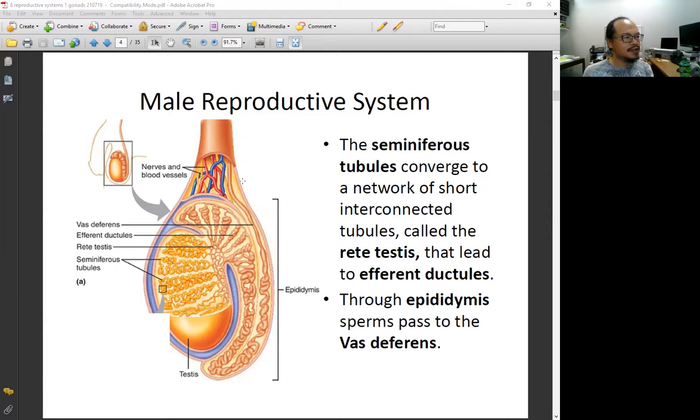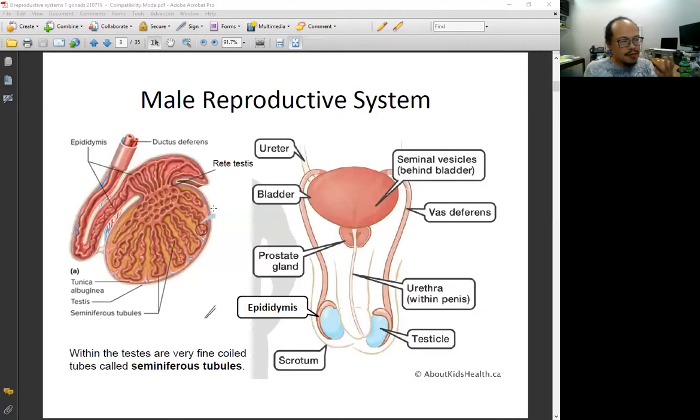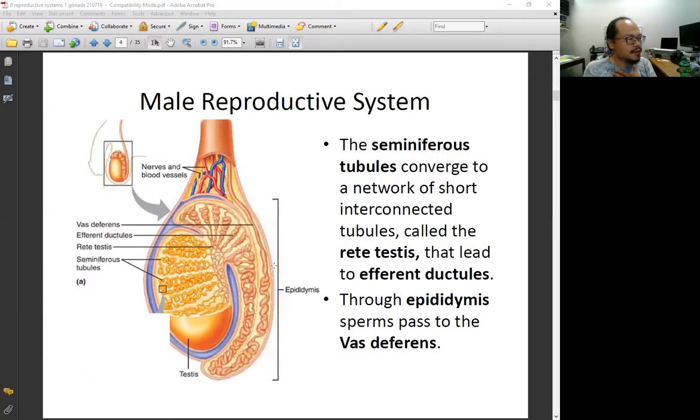So that is the anatomy of this reproductive system. Basically, you need to identify different regions and know what is what. So that's that.